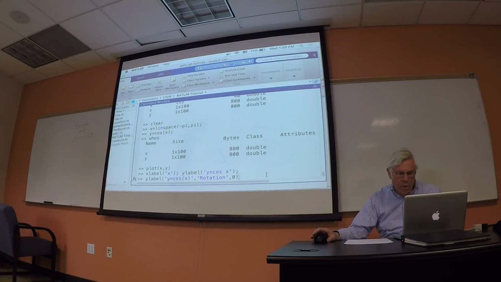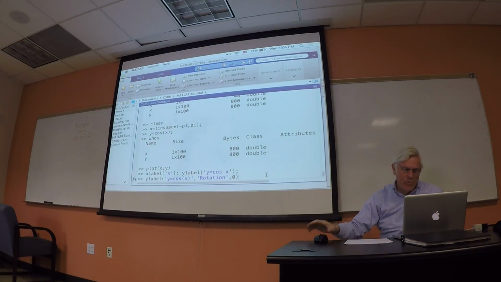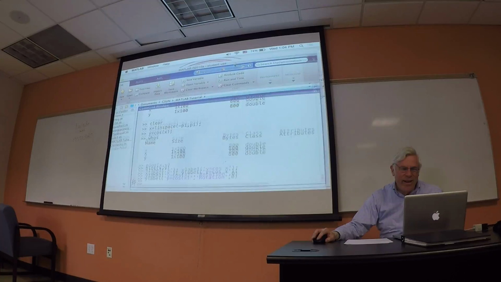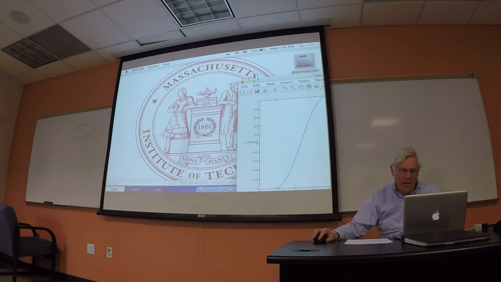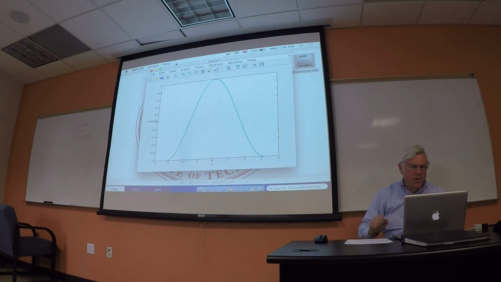Now I added another argument called rotation, which specifies how much you want to rotate it by. It rotates it to 0 degrees. Let's see. There. If you do rotation 90, it'll make it vertical again. So y equals cos x like that.